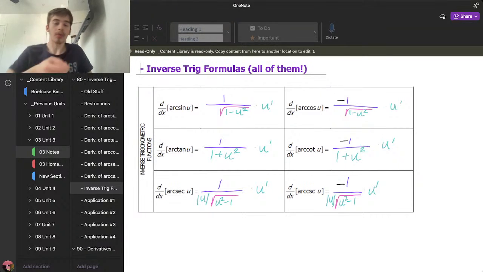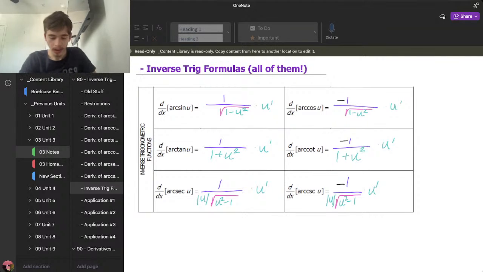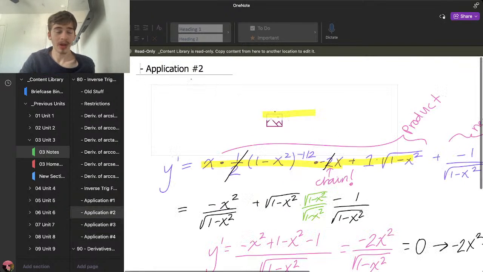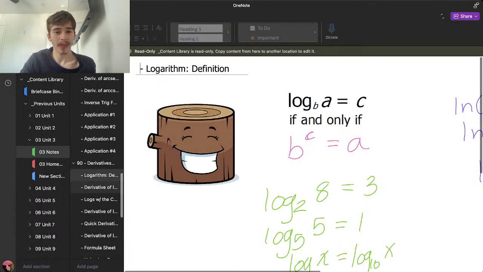Arctangent is 1 over 1 plus u squared times u prime. And then arcsecant is 1 over absolute value of u times square root of u squared minus 1, times u prime, and then the co-ones are basically the negatives of those. Easy application. You should know all this.